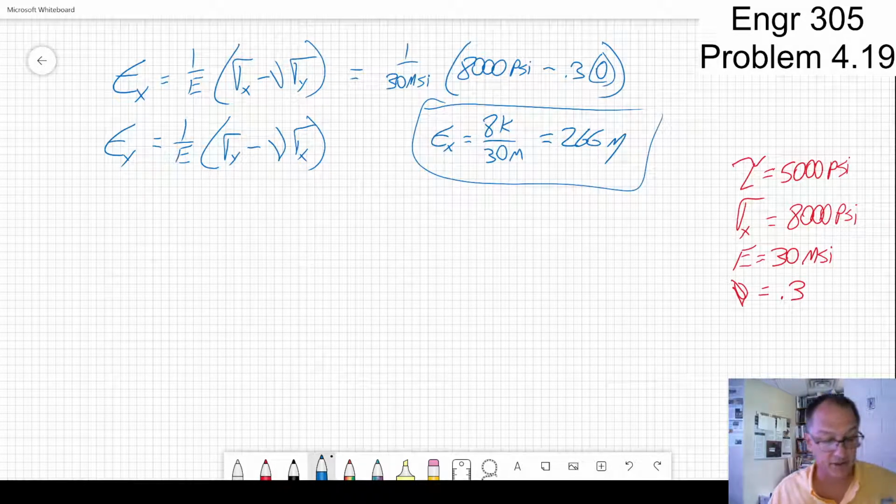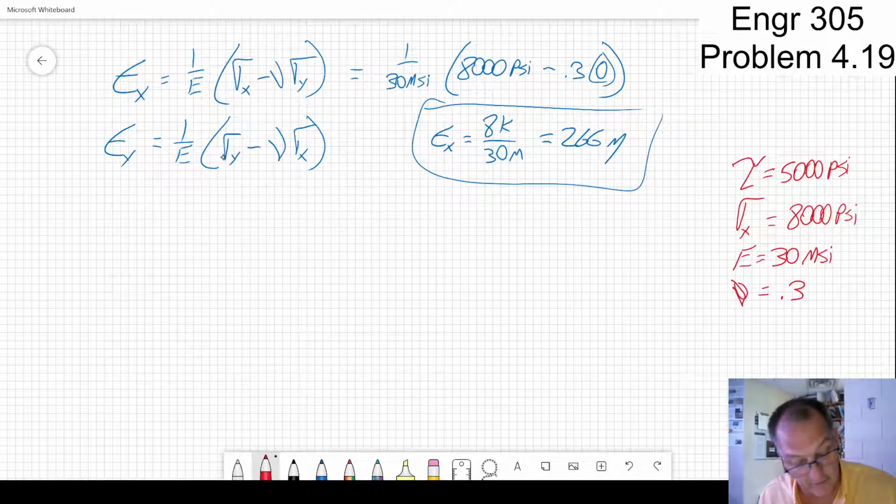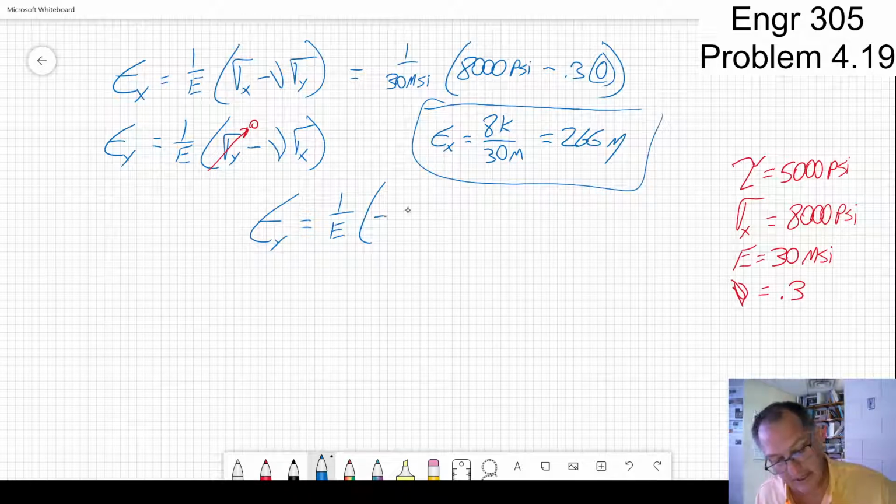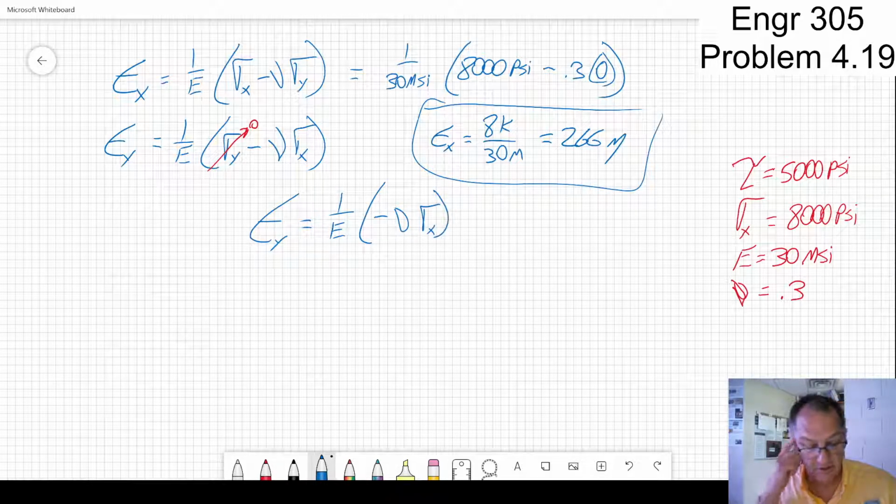Strain in the Y direction is actually easier. This term goes to 0, and it looks very similar. Strain in the Y is equal to 1 over Young's modulus, but now times negative Poisson times sigma X. So really I've just changed that value.